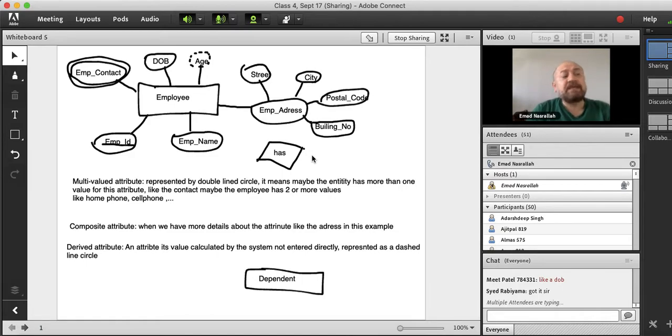It can generate the age. It can generate the salary upon qualifications. It can generate the number, because we don't want the data entry person to enter the number. We want the number to be generated.